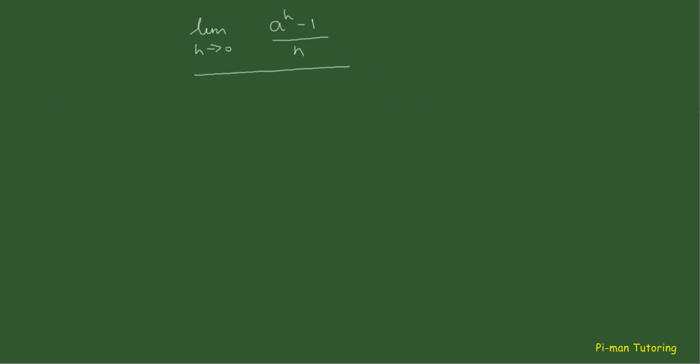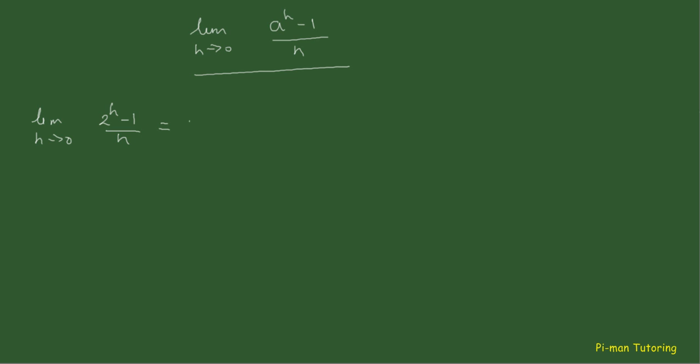So let's look at this a slightly different way. We've got the limit as h tends to 0 of 2 to the h minus 1 over h. This is in the case where a equals 2. And we have found that is equal to 0.69.